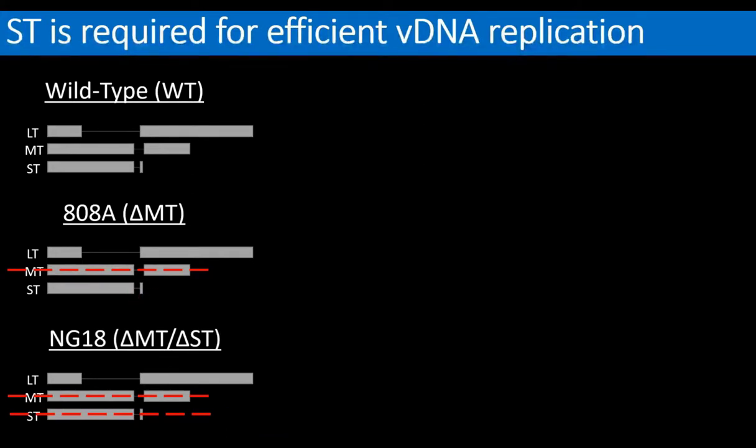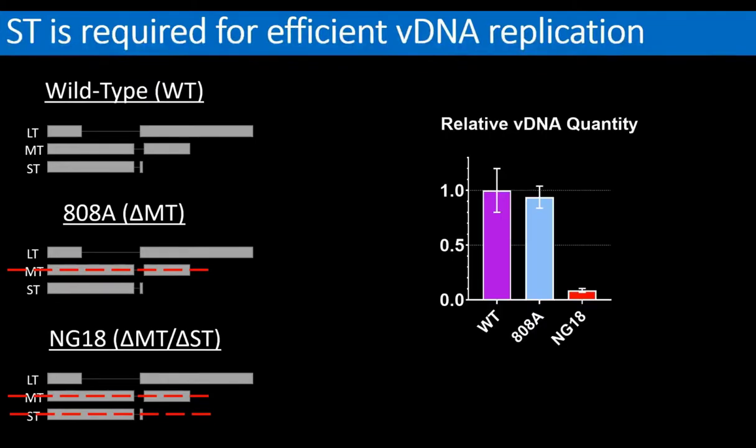Early work from the 1980s with these viruses indicated that NG18 infections only replicate about 10% as much viral DNA as wild-type or 808A infections, indicating small t contributes to efficient viral DNA replication. I repeated a similar experiment using qPCR and got pretty similar results.